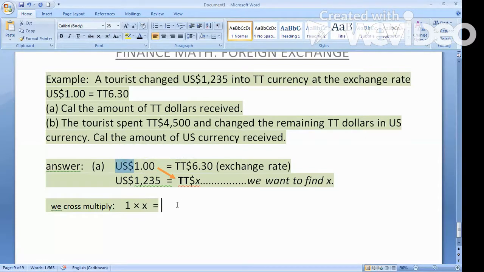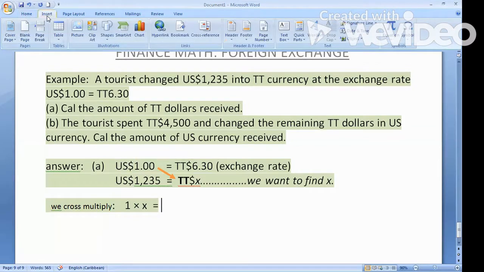So 1 times X, and now we cross multiply the other side.